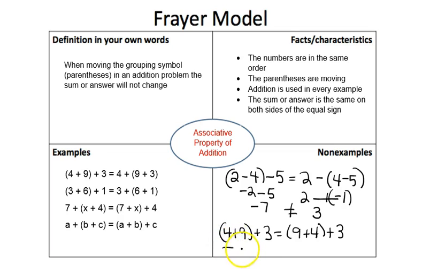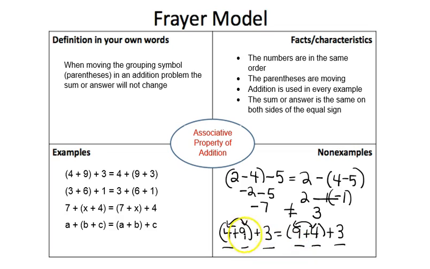So 4, 9, 3. On this side, does it say 4, 9, 3? No. This is actually an example of the commutative property because what happened is the 4 and the 9 traveled or changed location, or commutative property.